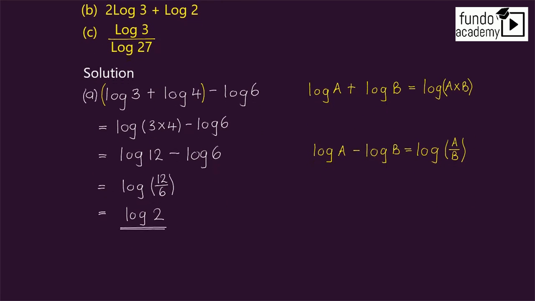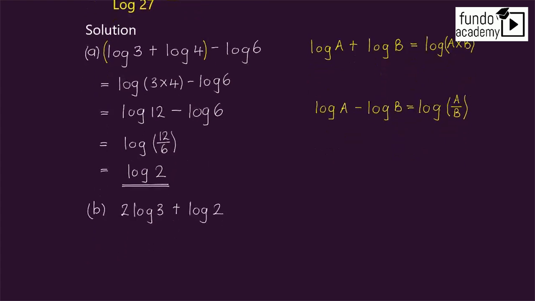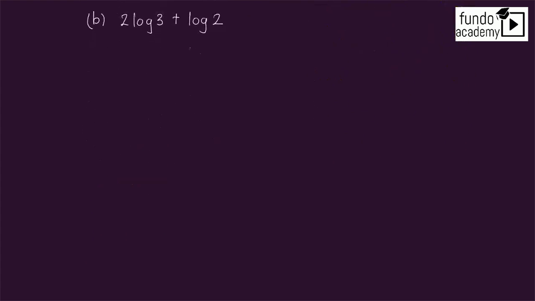Alright, let's look at part B. On part B we have 2 log 3 plus log 2. Here we can use the third law on this part. You see this part where we have 2 log 3. We can use the third law, which says x log a is equal to the logarithm of a to the power of x.